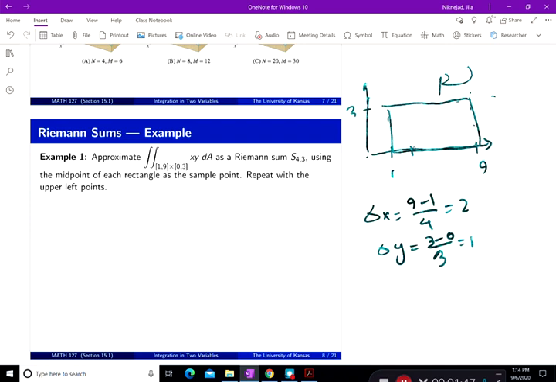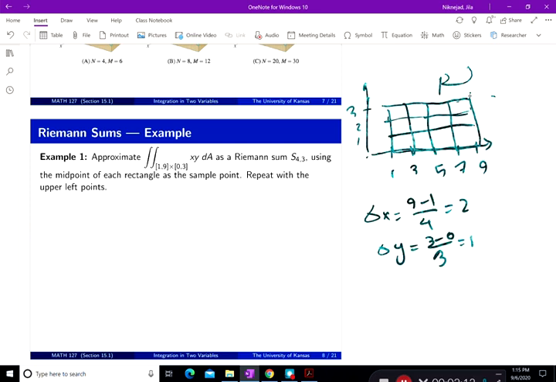So this one is 3, this one is 5, this one is 7, 1 and 2, and here is how the domain is supposed to be divided into little rectangles.